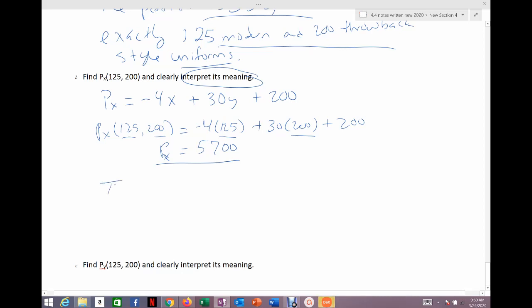So first, the profit. It's going up. It increases by about, it's an approximation, 5,700 when they increase the sales of the x value. The x value represents modern.